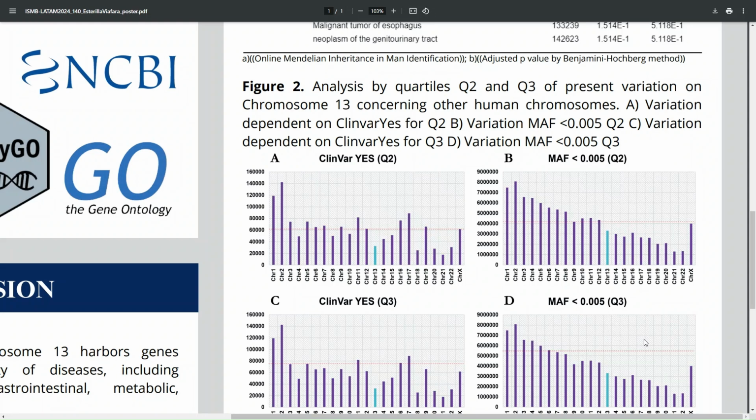And the low MAF values might indicate a scarcity of allelic variants contributing to rare diseases.